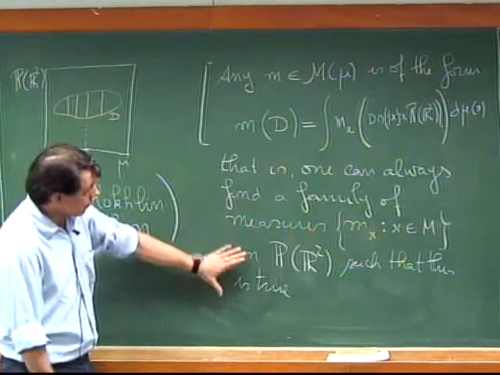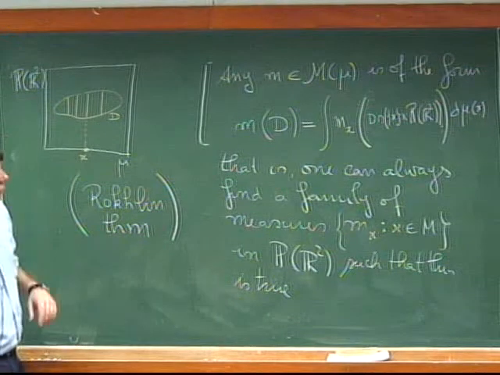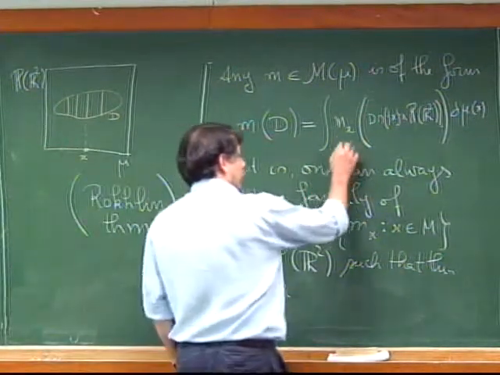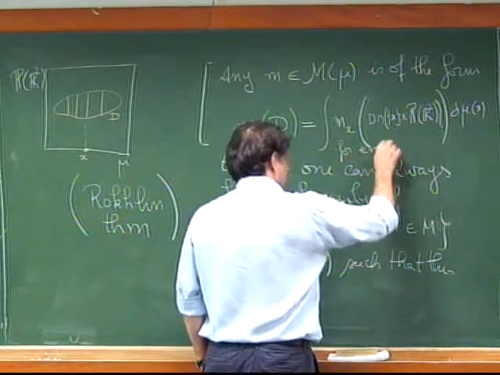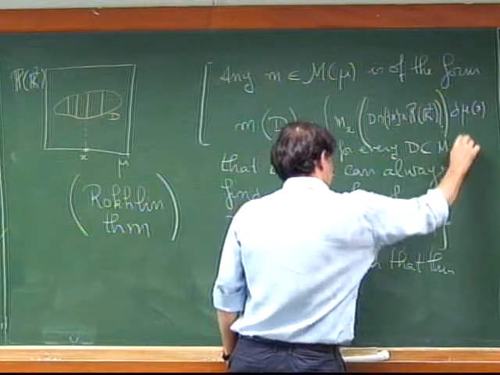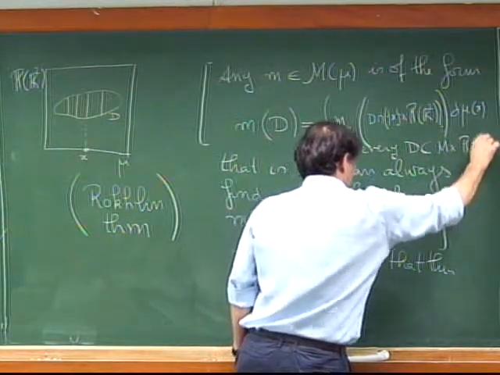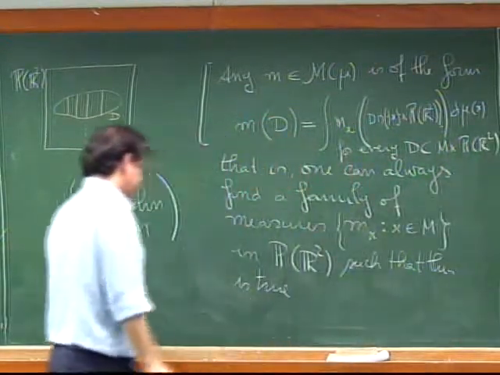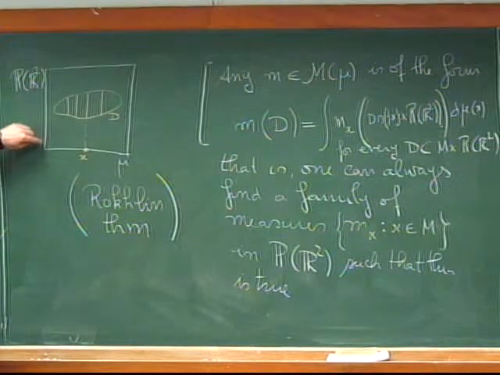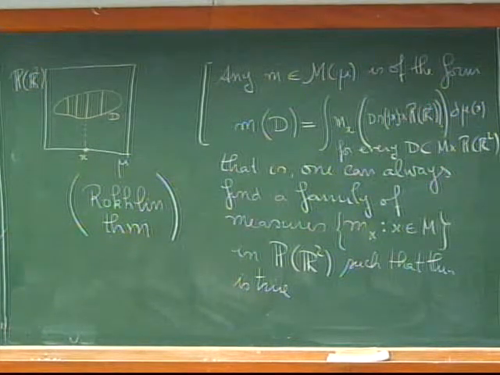You can find a family of measures such that this formula is true for every measurable D in M cross PR2. It is not important that this is projective space. Any compact metric space, for instance, would be okay.